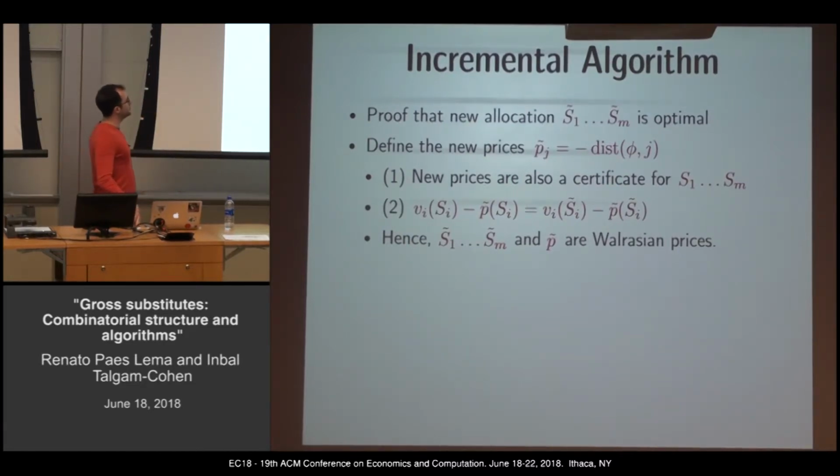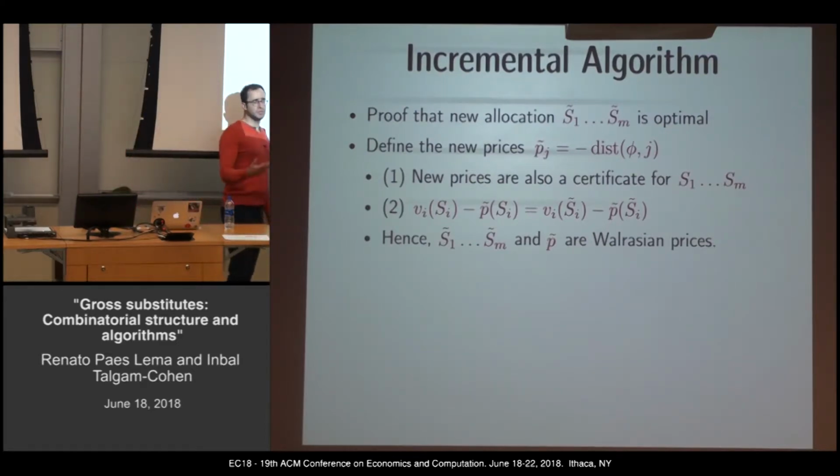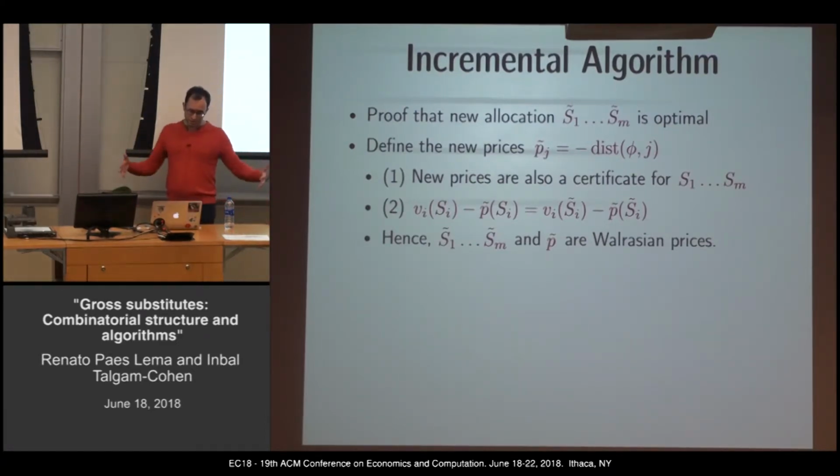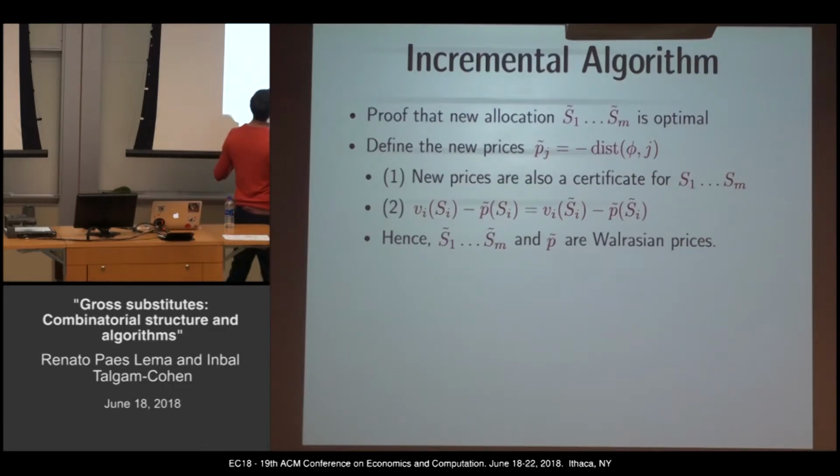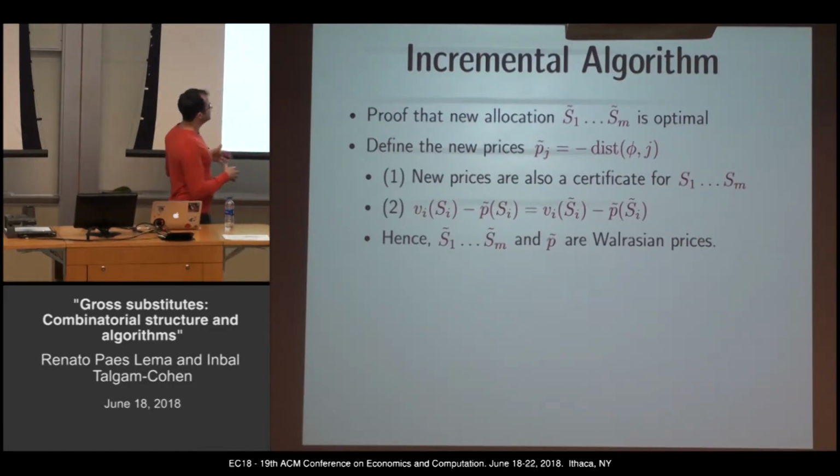The first is to show that the new prices are also a certificate for both the new and the old allocation. So the allocation of the T first items is supported by both P and P tilde. That's an easy step. It just follows from analyzing duality for shortest paths.